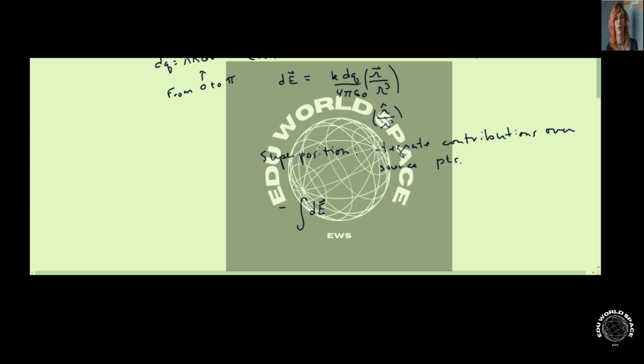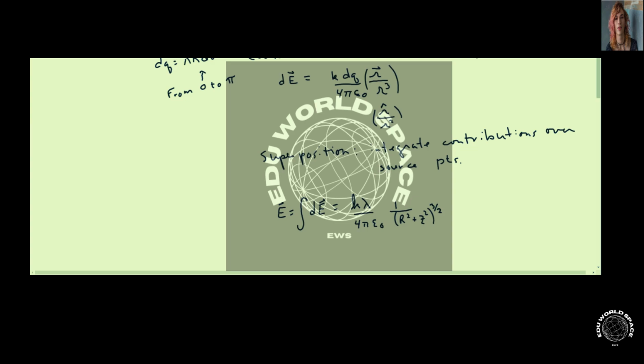So the electric field comes out from that integral. And let's see, we have k lambda and 4 pi epsilon naught as a constant. Also notice that 1 over r cubed is coming out as well. And that is because the integral variable does not appear in there at all.